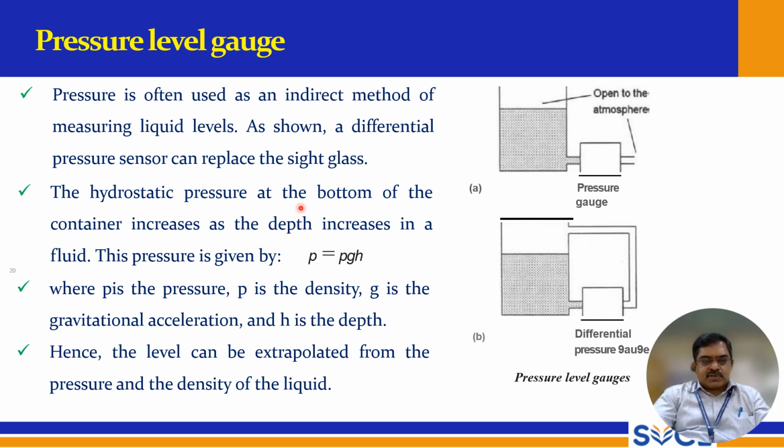The hydrostatic pressure at the bottom of the container increases as the depth increases in a fluid. The pressure is given by P equal to rho g h, where P is the pressure, rho is the density, g is the gravitational acceleration, and h is the depth.